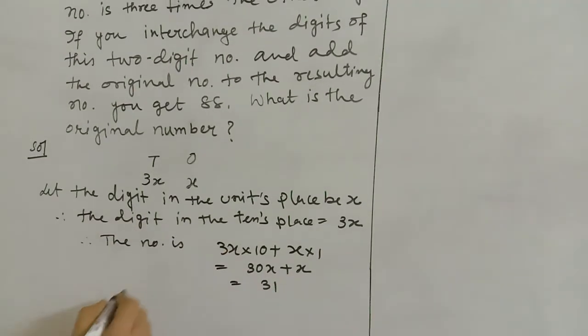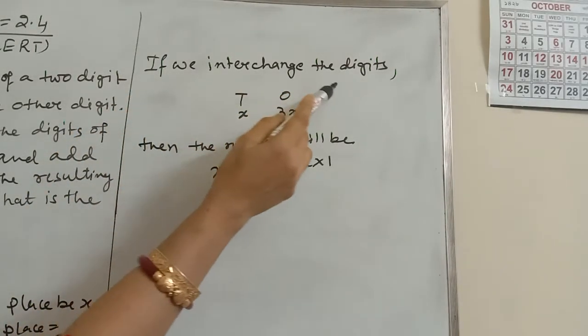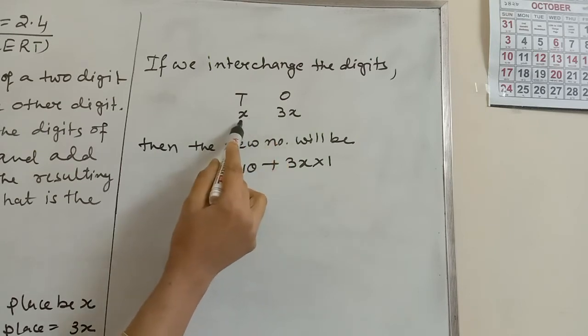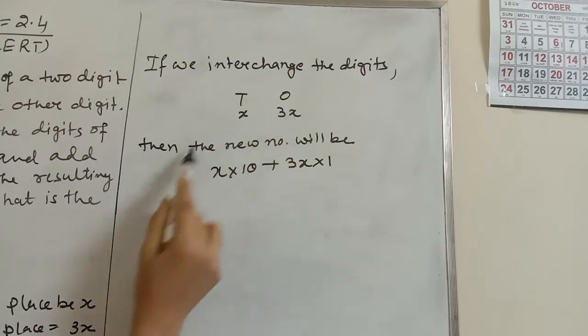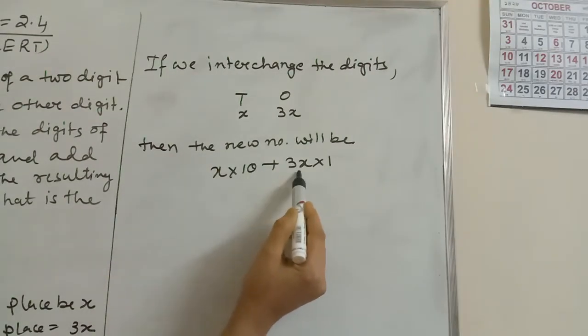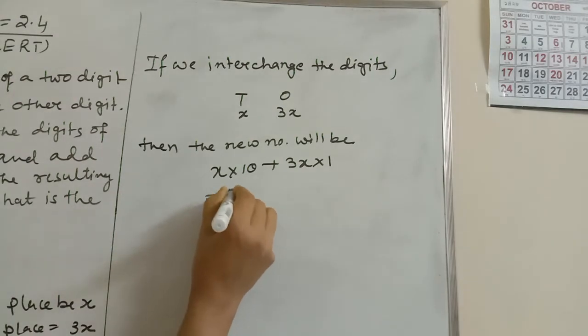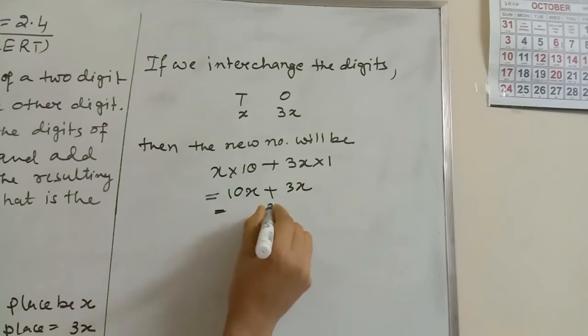If we interchange the digits, now x I am giving in the 10's place and 3x in the unit place or 1's place. Then the new number in expanded form is x into 10 plus 3x into 1, that is 10x plus 3x equal to 13x.